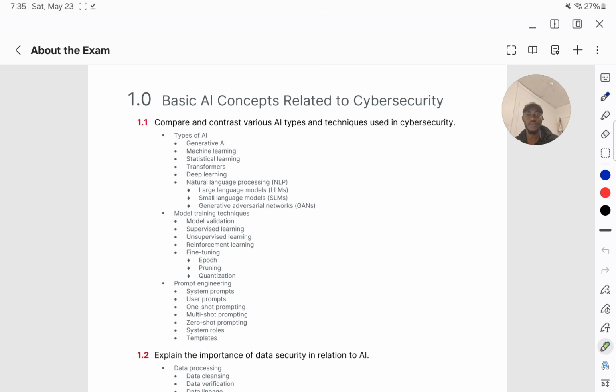For example, for the basic AI concepts related to cybersecurity, the certification expects candidates to understand types of AI, model training techniques, and prompt engineering techniques as well. I saw some of these questions in the exam today, not just these ones.